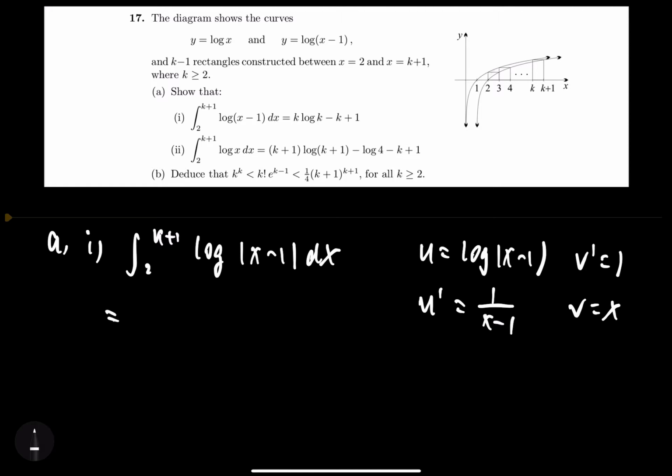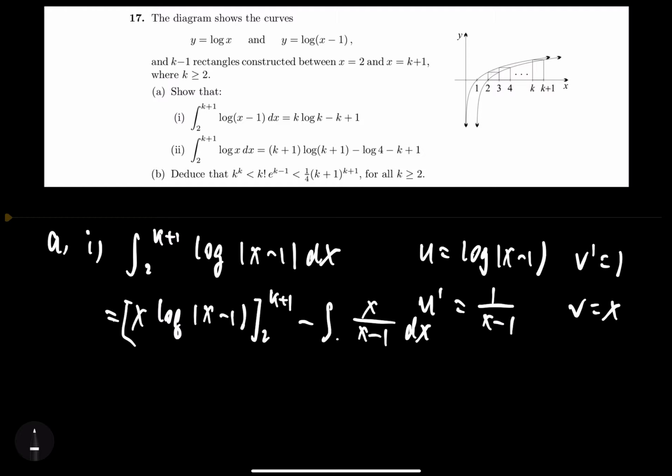So the integration becomes x log(x minus 1) with the limits 2 and k plus 1, minus the integration of x over x minus 1 dx with limits 2 to k plus 1. I'm going to leave this part here at the moment, with k plus 1, 2.